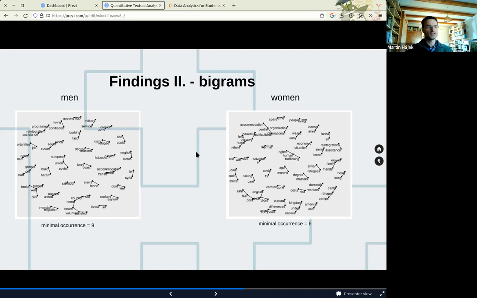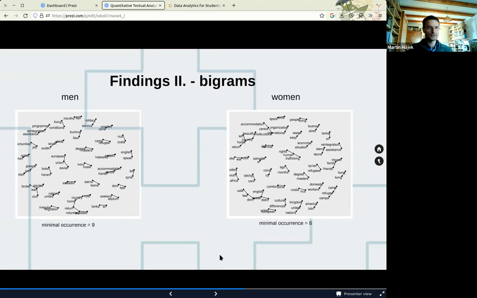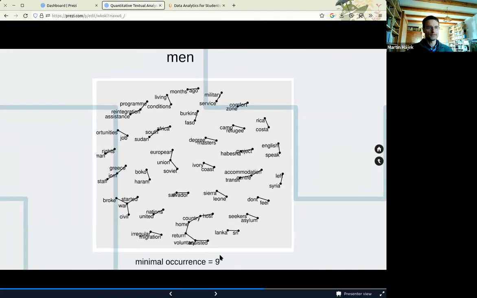This is about dispersion, and we can see that in the male subsample, the minimal occurrence of bigrams to get into this picture was 9, while for the female sample it was 6. So they were less frequent than in the male sample. And let's look at this picture. I hope you can read it.